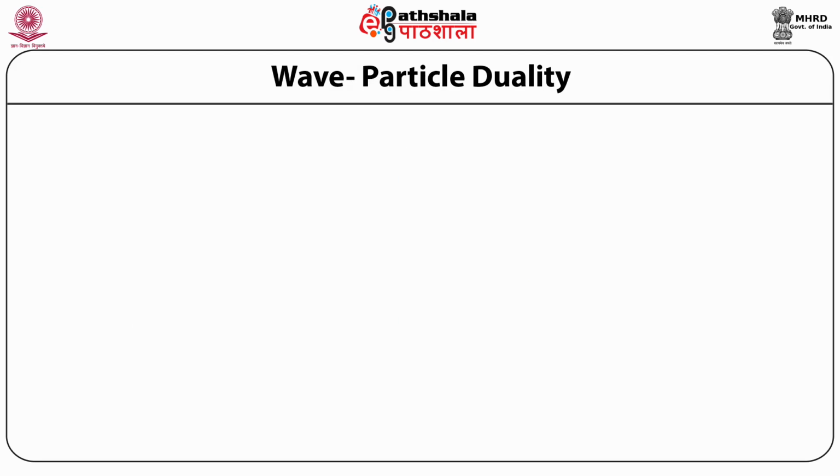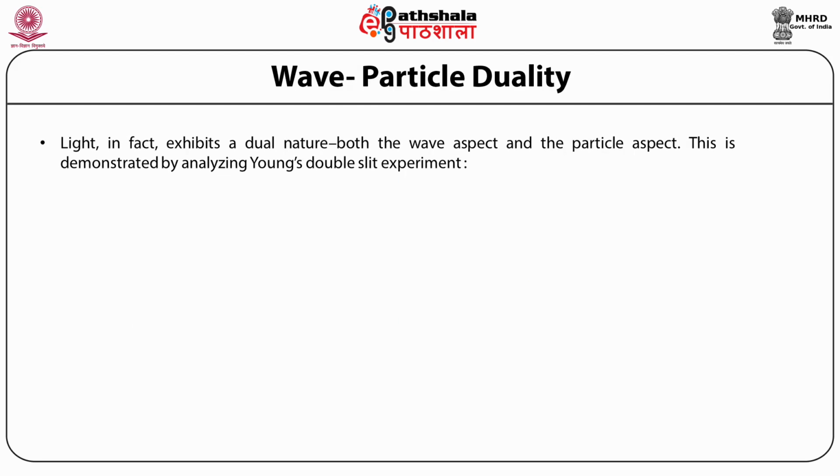Wave-particle duality. Light, in fact, exhibits a dual nature, that is, it exhibits a wave nature as well as a particle nature. The particle nature of light is amply demonstrated by both the photoelectric effect as well as the Compton effect.